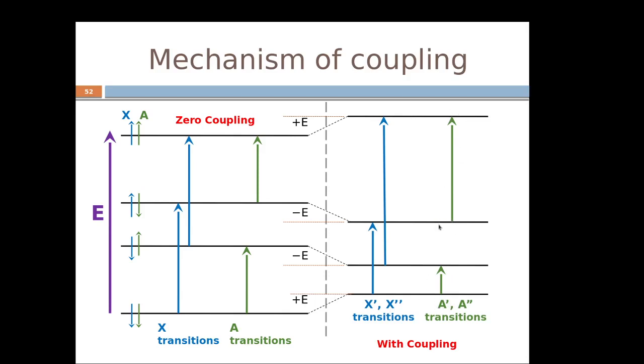Because of coupling with the X nucleus, the peak of the A nucleus will be split into two, a doublet pattern with one peak of the doublet at a lower energy and another peak of the doublet at a higher energy. So this is how coupling between nuclei splits individual nuclear spin peaks into a doublet, triplet, quadruplet, and so on.